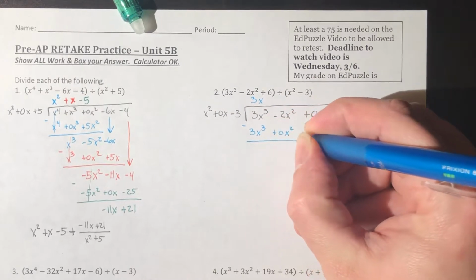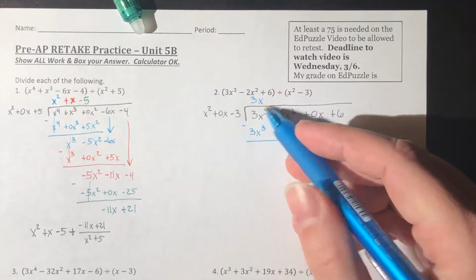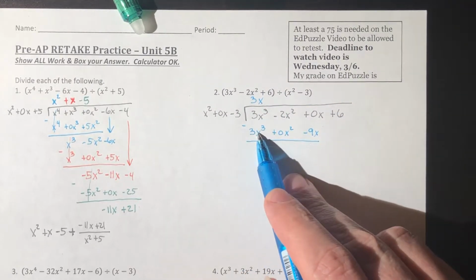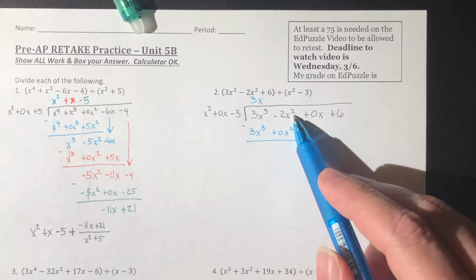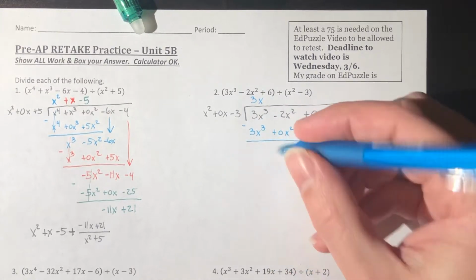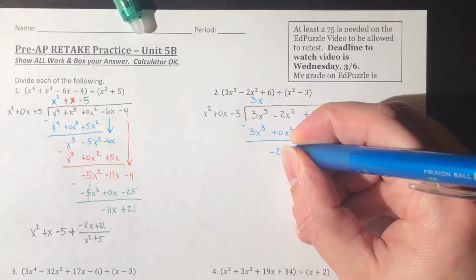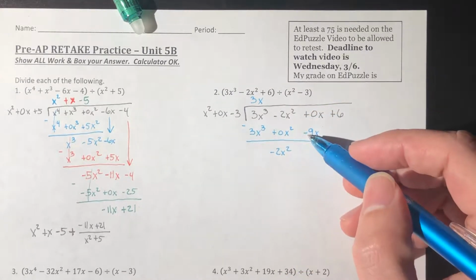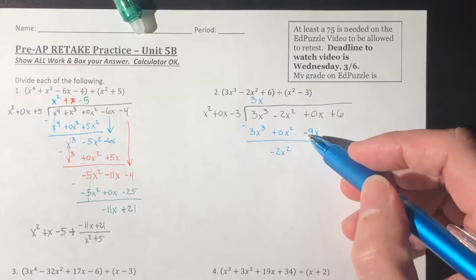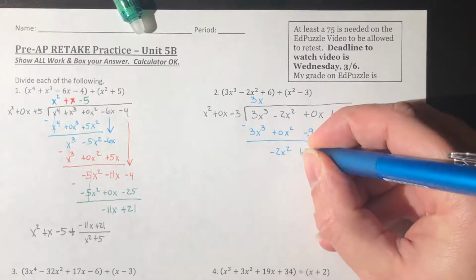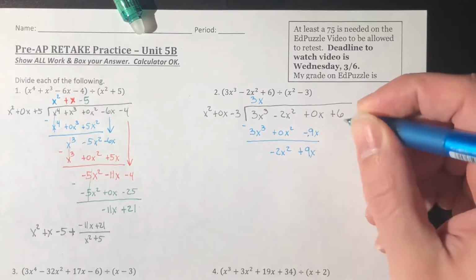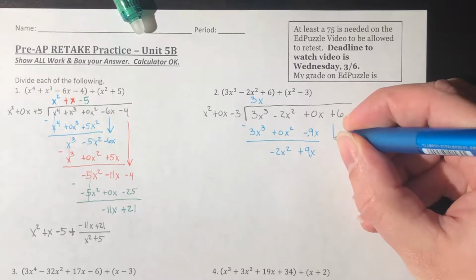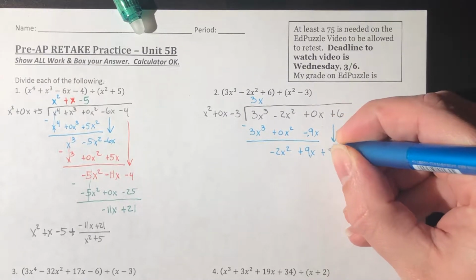I subtract those. So 3x cubed minus 3x cubed, those cancel. Negative 2x squared minus 0 still has me at negative 2x squared. 0 minus negative 9, when you subtract by negative, you're really adding. So this is plus 9x. And I drop down the plus 6.